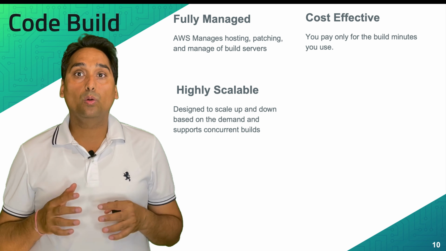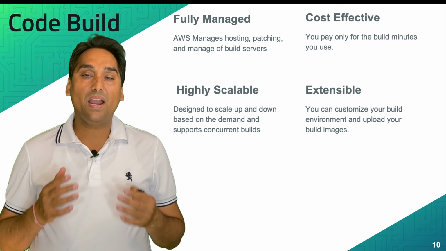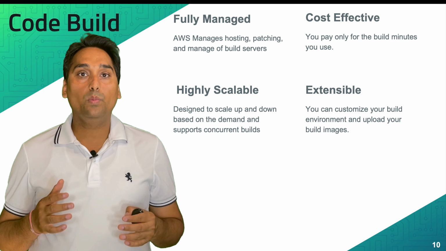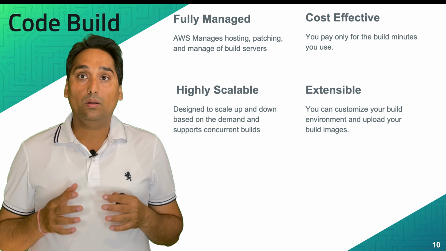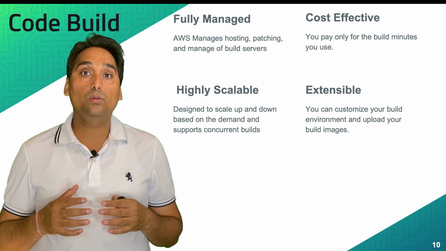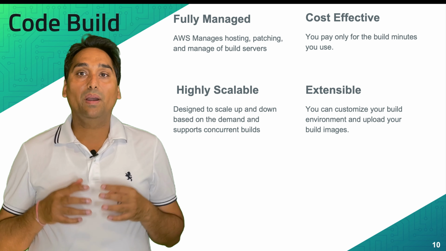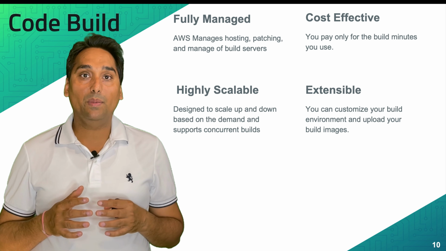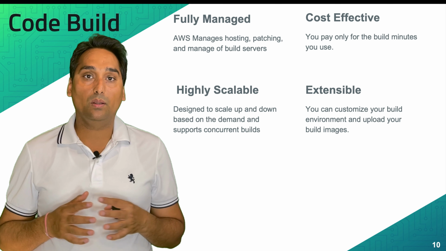Next thing is extensibility. So AWS Code Build provides pre-configured build environments for Java, Python, Node.js, Ruby, Go, Android, .NET Core, for Linux and Docker. You can bring your own build tools and programming runtimes to use with AWS Code Build by creating customized build environments in addition to pre-packaged build tools and runtimes supported by Code Build.